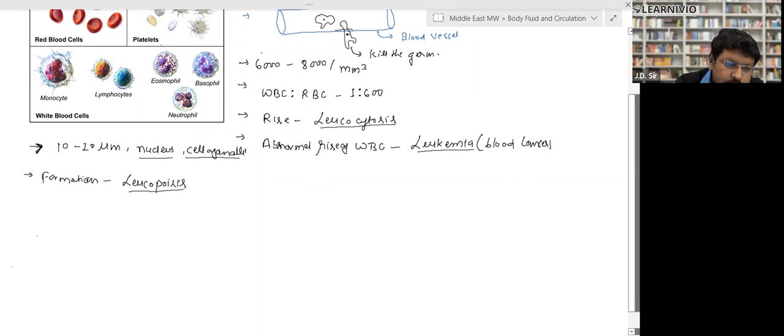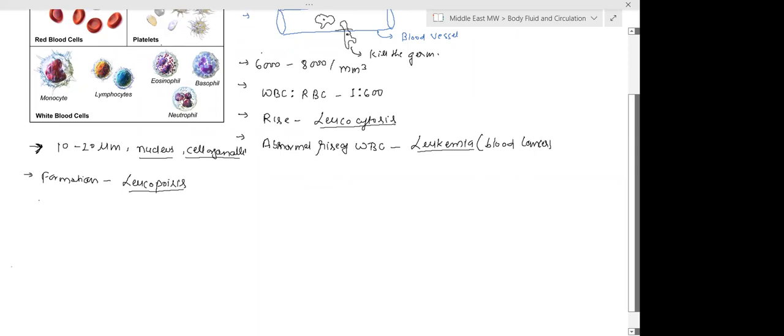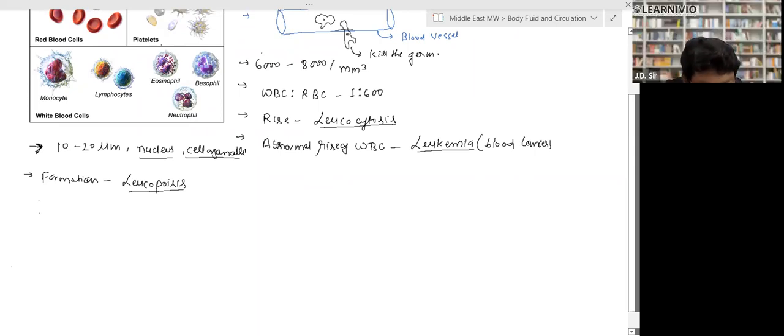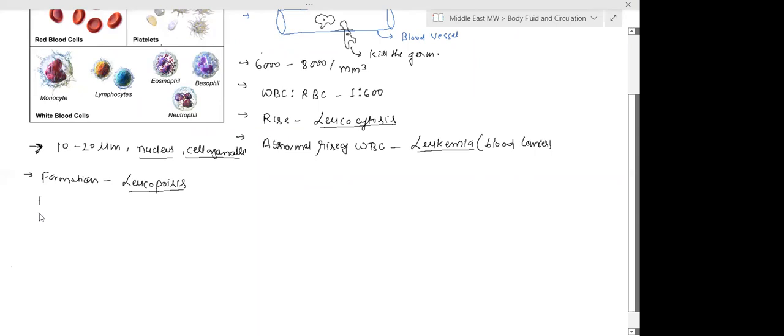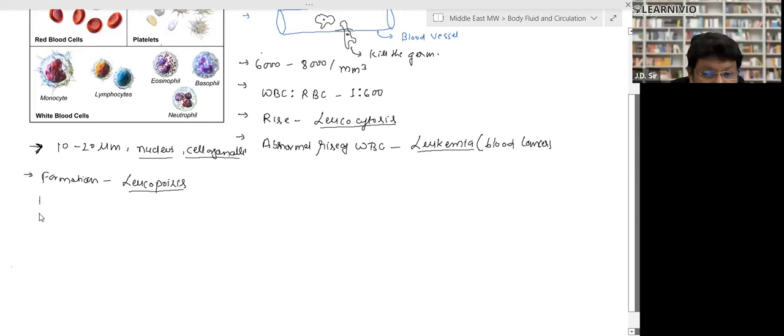Sir, I have a question. In the previous class, you said that we should not call RBC red blood cells, but red blood corpuscles. What's the reason? The reason was that RBC do not have a nucleus. They do not have any cell organelle.